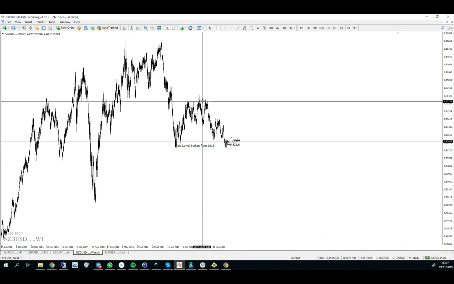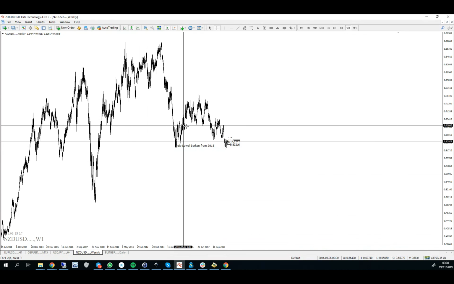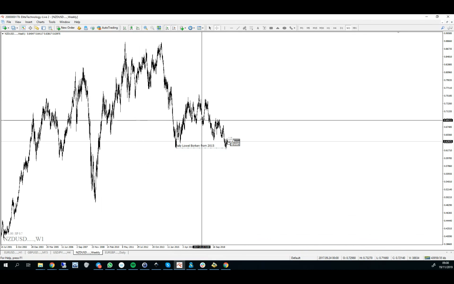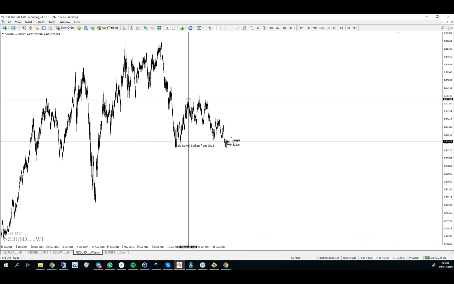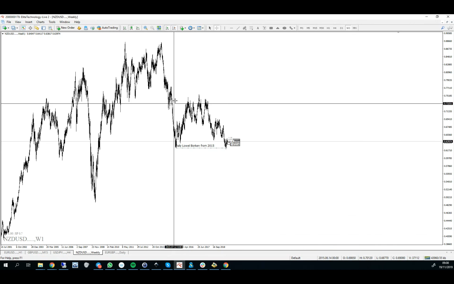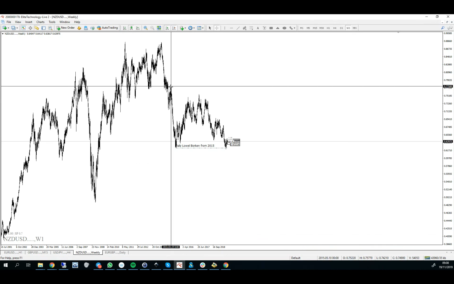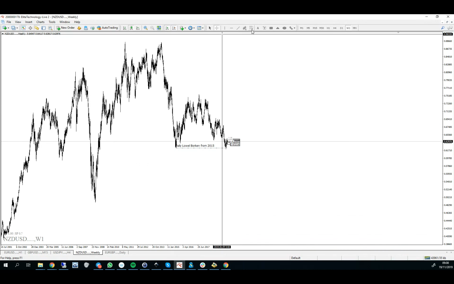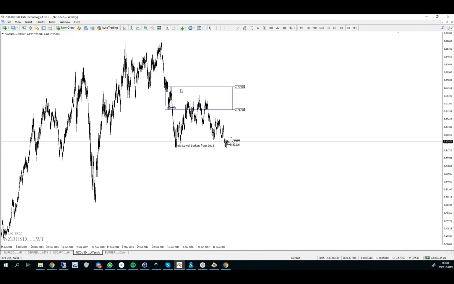We can also see that within this consolidation, the highs were not actually breaking any major supply, which is this last flag. Let's mark it. The whole flag here was penetrated, but it wasn't broken.